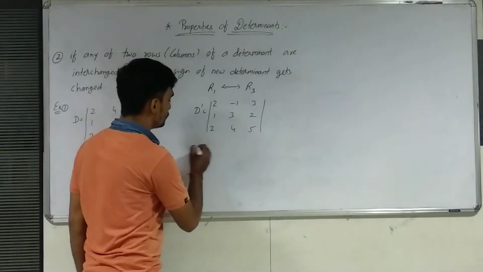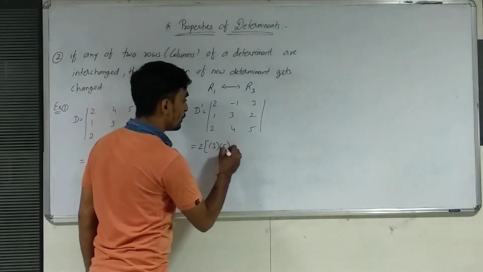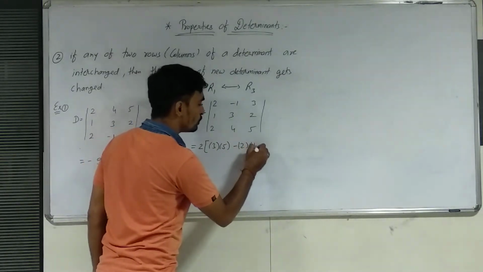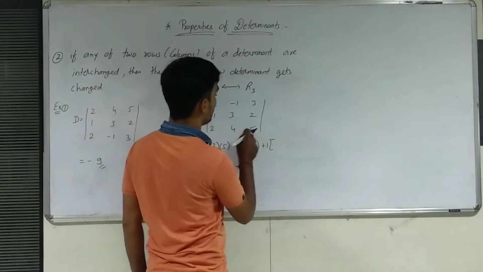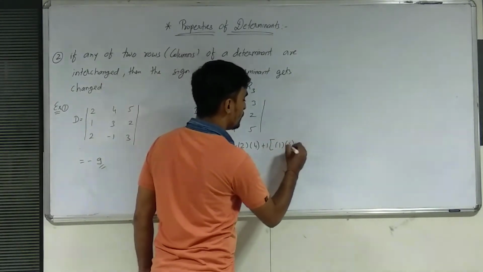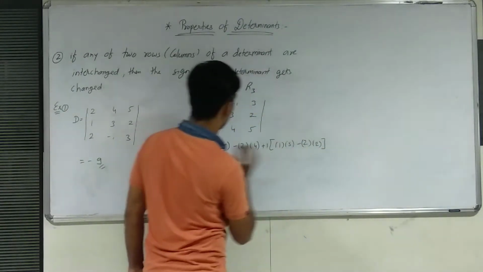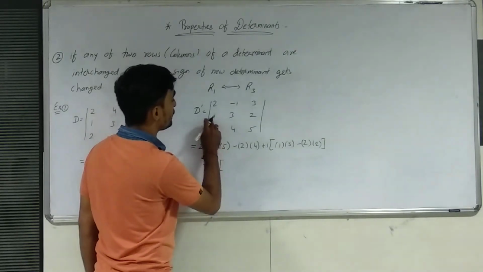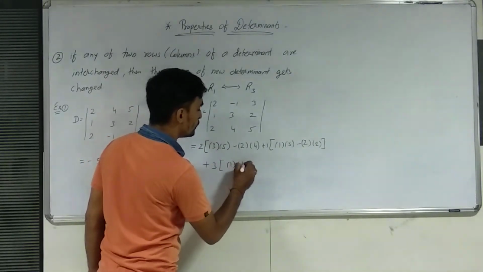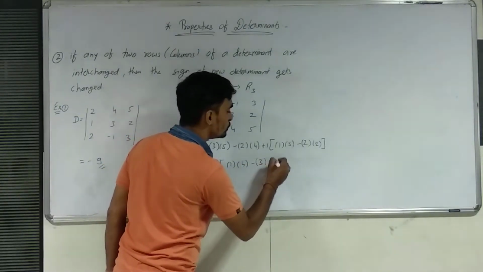It is 2 into (3 into 5 minus 2 into 4) minus 1 into (1 into 5 minus 2 into 2) plus 3 into (1 into 4 minus 3 into 2).